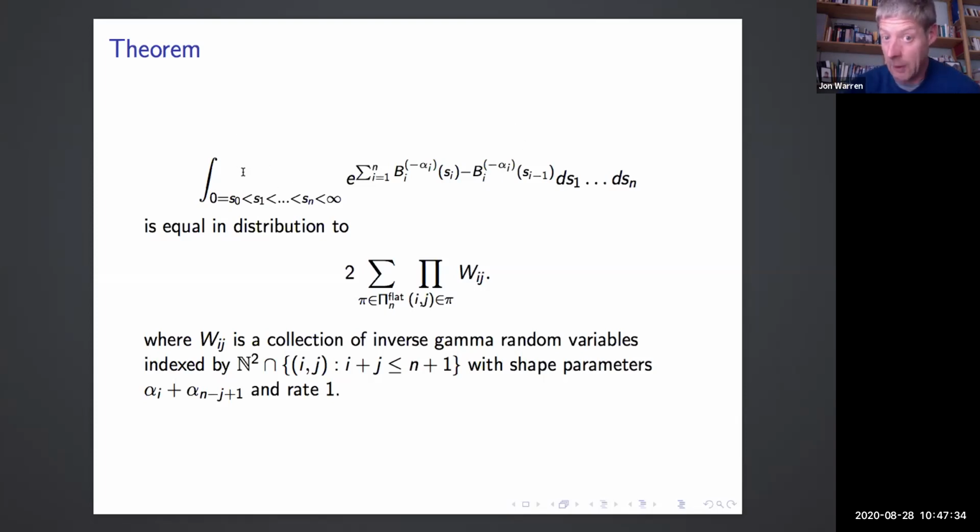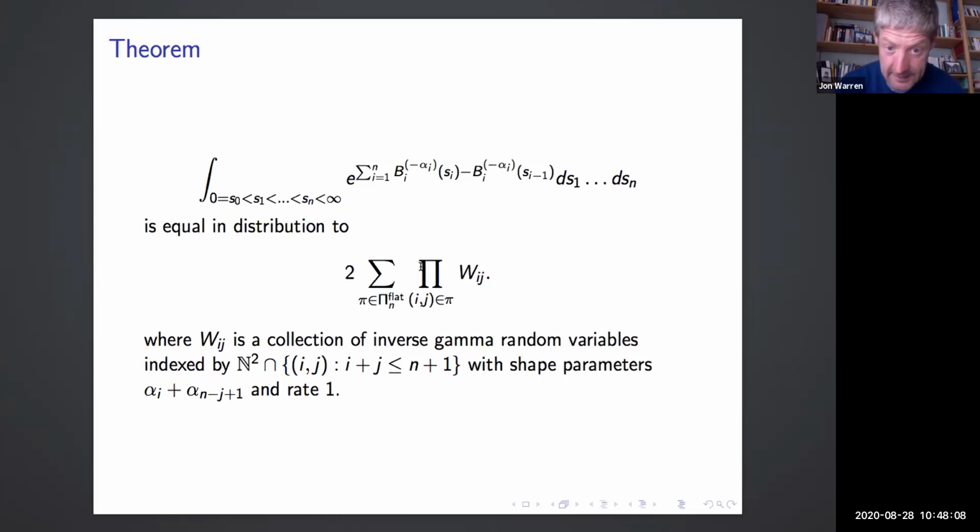Essentially, this expression here is an analog of the O'Connell-Yor representation of the largest eigenvalue, except that we've got an integral over the last variable Sn, and that's the supremum over time of the largest eigenvalue. So there's an extra integral there that you might not have, but that plays the role of that supremum over time. And then that's equal in distribution to something that's built out of inverse gamma random variables in an analog of the way in which the last passage time is built out of exponential random variables.